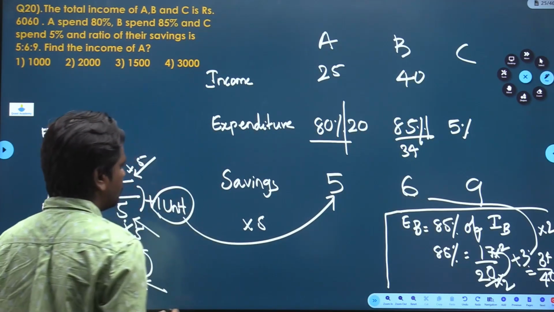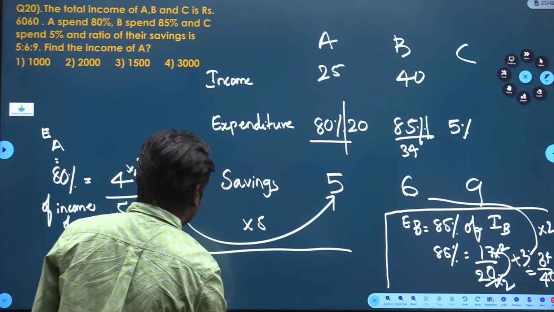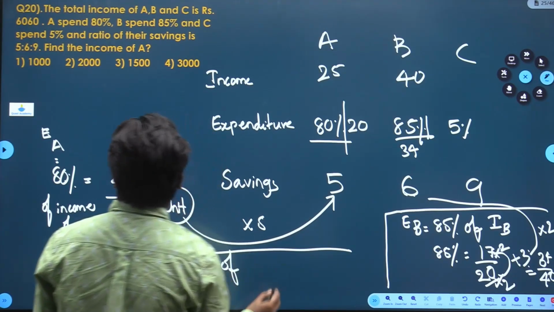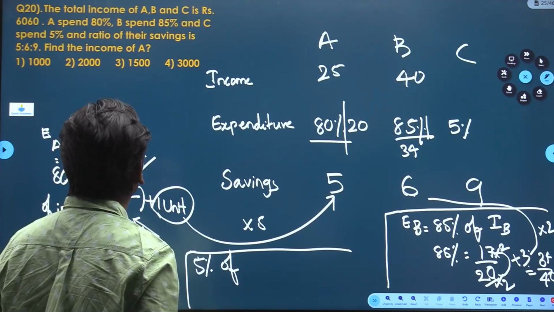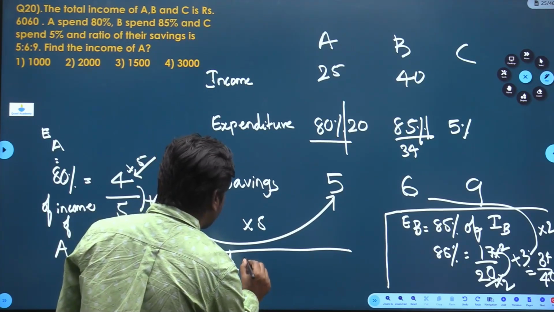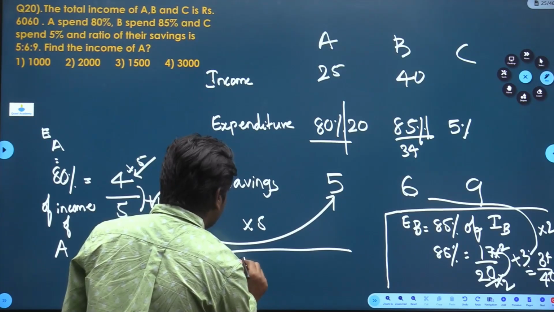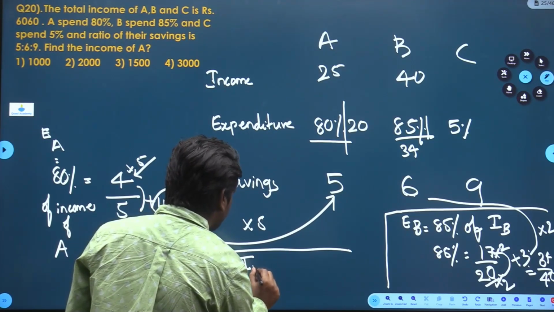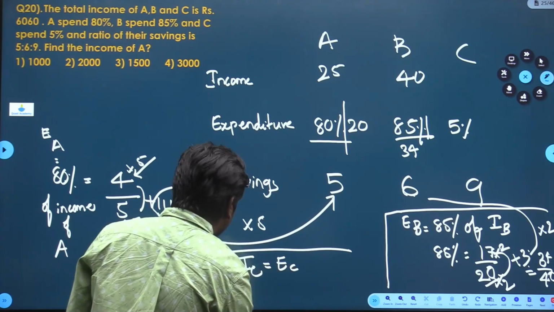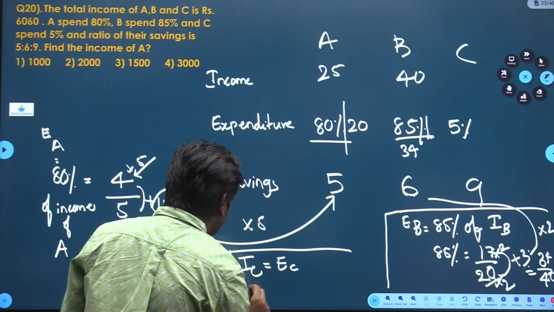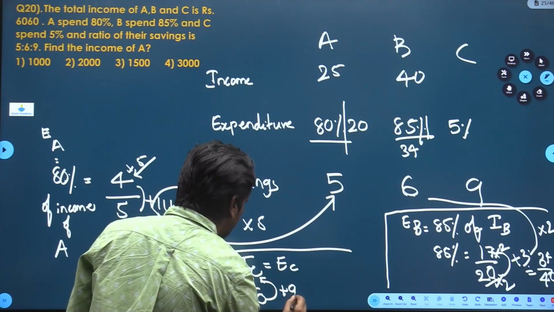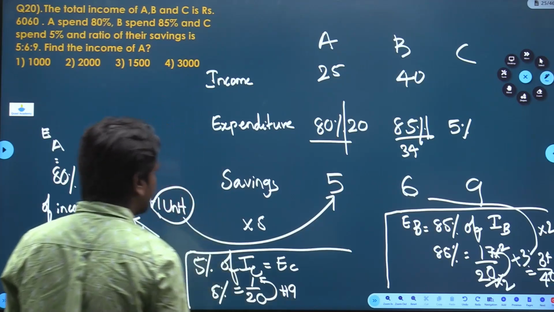Now in the same way you calculate for C. 5% of the income of C is the expenditure of C. 5% is 1 by 20.